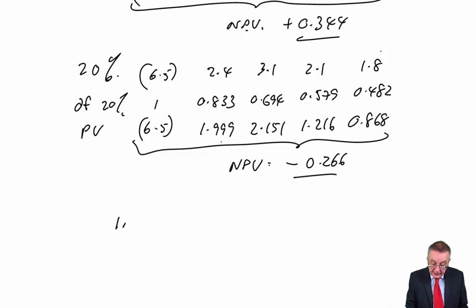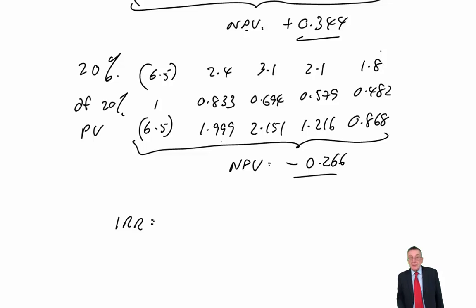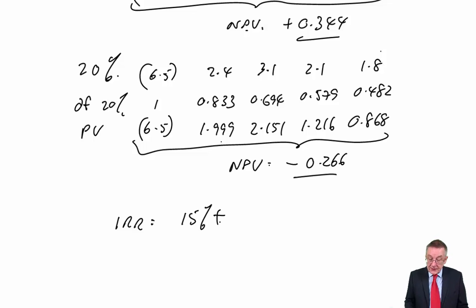The internal rate of return, therefore, yet again, look at the lectures if you need. I can't have a full lecture here, it'd be stupid. But it's 15% of the first guess, plus, we need a change of 0.344.